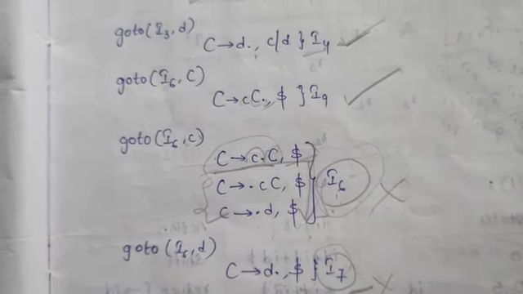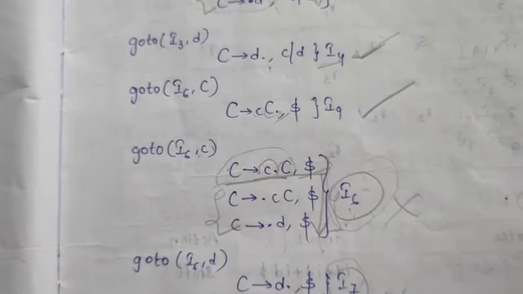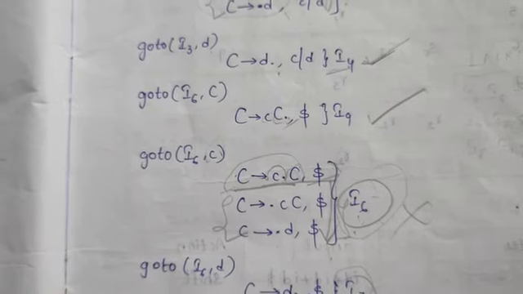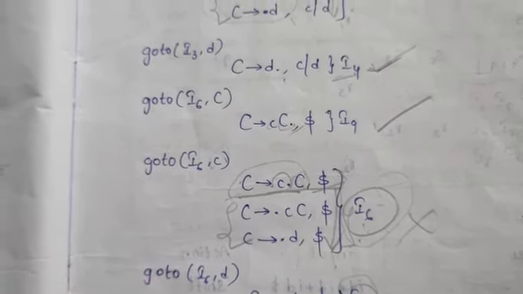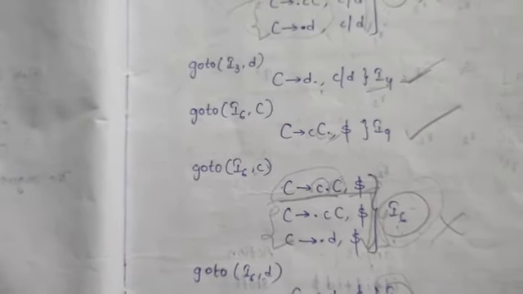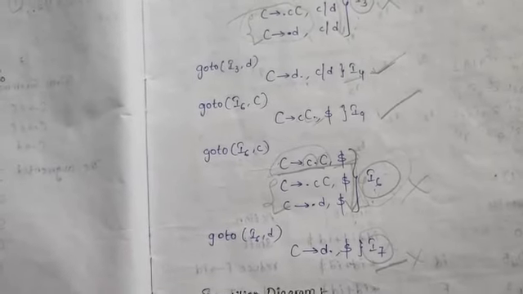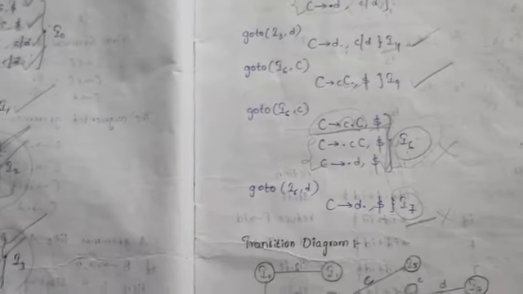Here the only difference is the look ahead. In SLR we are not placing the look aheads. Here we are placing the look aheads for every production. That is simply the difference between SLR and CLR. While you are placing look aheads, we need to take care of two conditions.